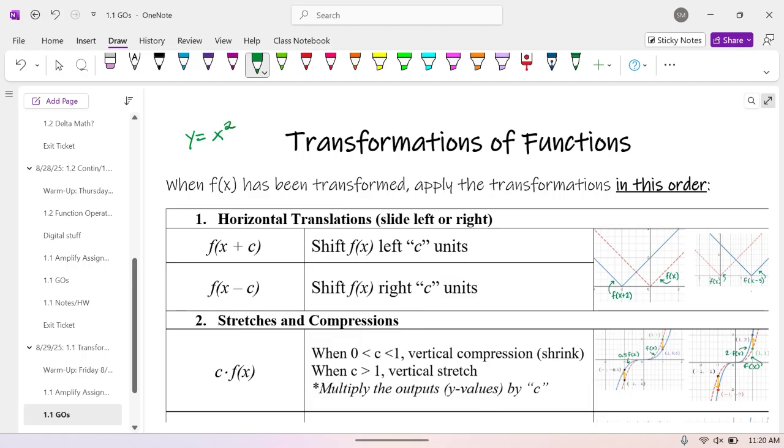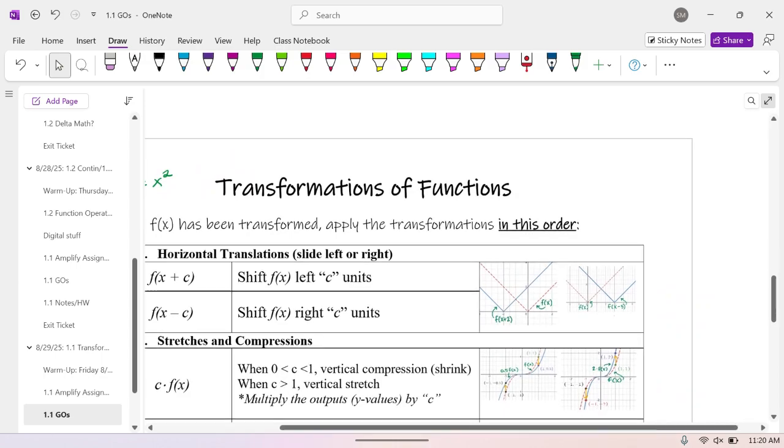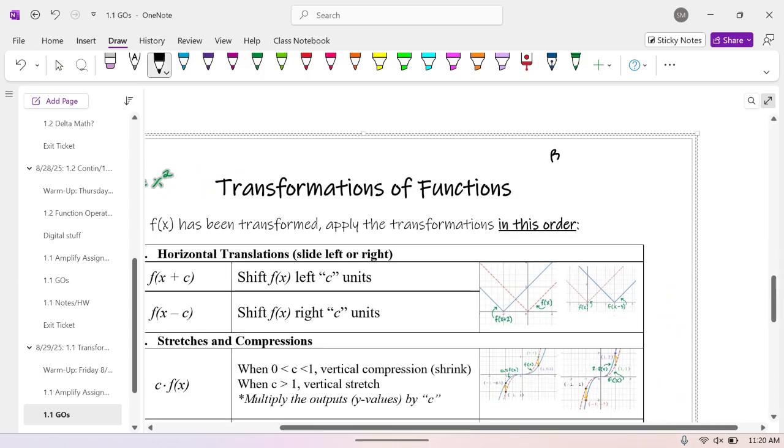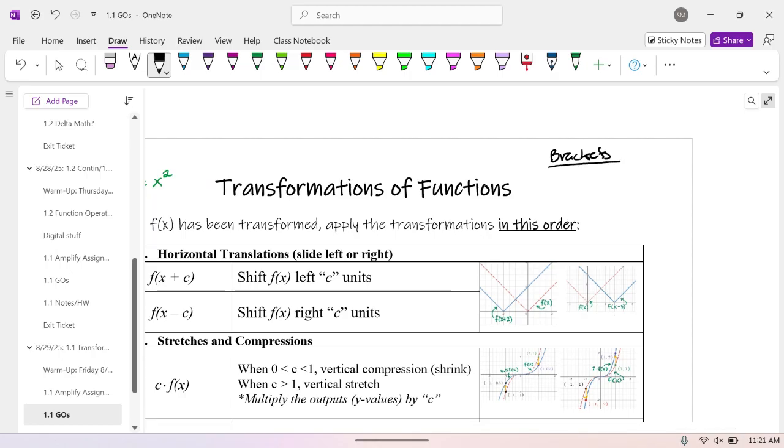All right. Now, it also depends on where those operations are taking place, what I like to call inside or outside the brackets. Now, what do I mean by brackets? And I would make a note of this. For each parent function, there are different types of brackets. All right. For a quadratic, it'd be parentheses squared with the x inside.